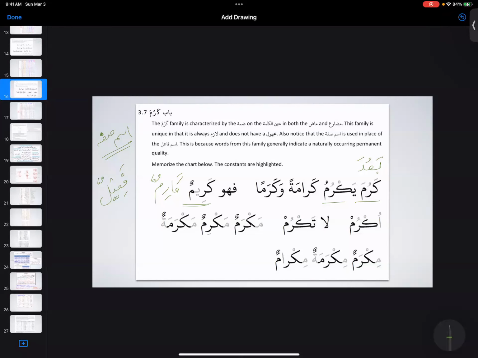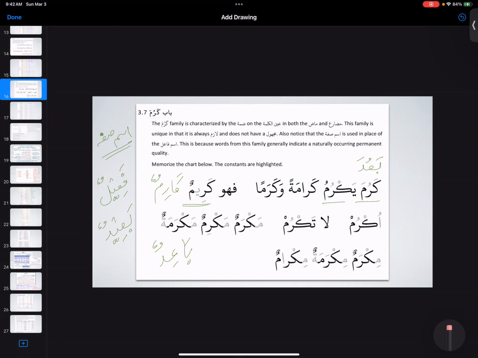So ba'uda means put a distance, or something is far. And from that we have ba'idun, fa'ilun. Actually, it should be ba'idun, fa'ilun, but it is not taking that pattern. And this is only with the bab karuma.